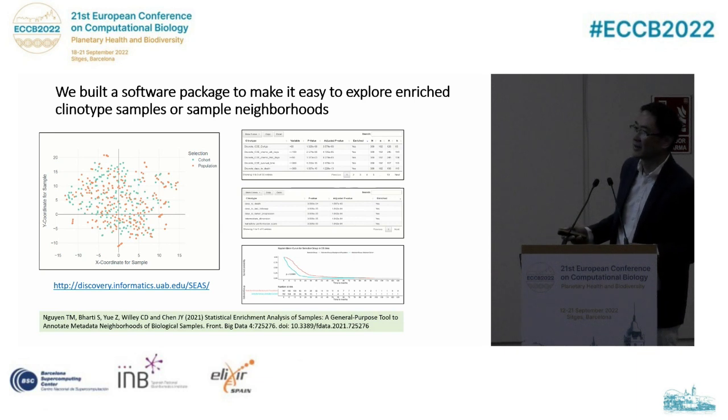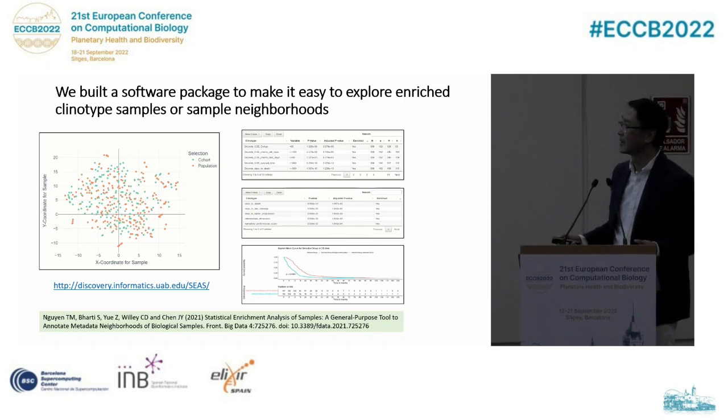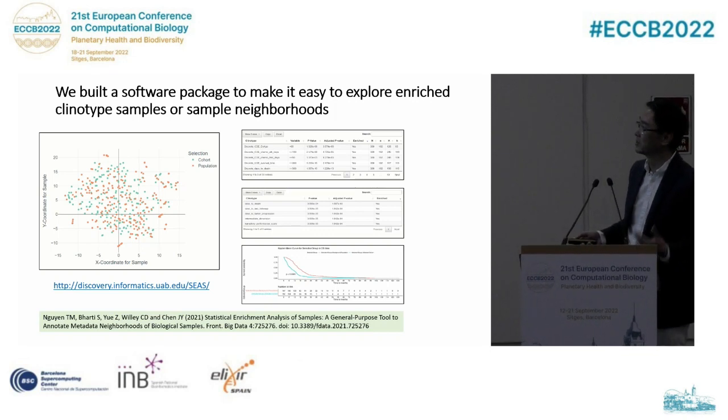If you select a cohort, in this case green, and say this is a specific subtype, you can really see how it's distributed and what the neighborhood looks like. The software can also automatically find what clinotypes are enriched for a particular neighborhood, and then do survival analysis. This really helps us explore, but it doesn't change the coordinates.